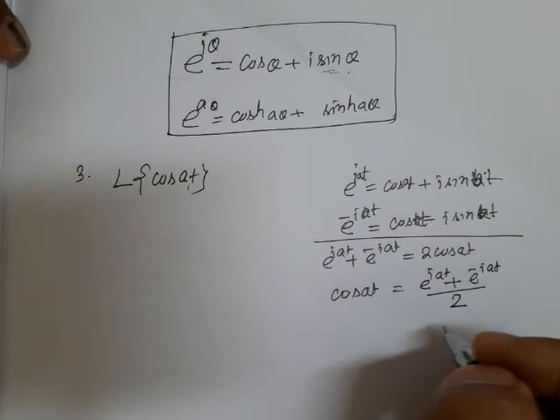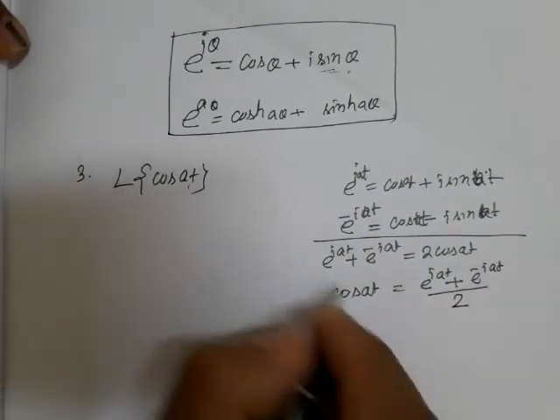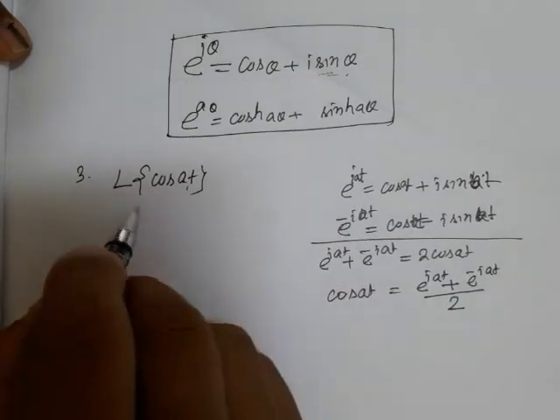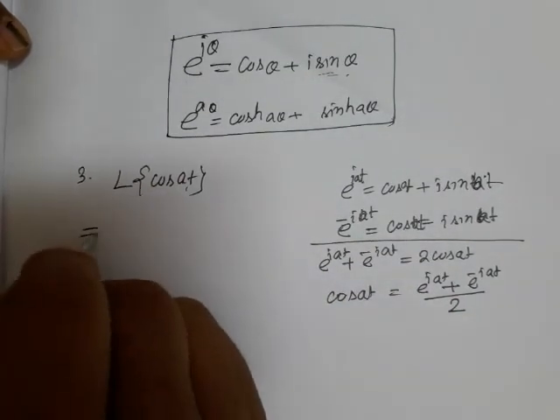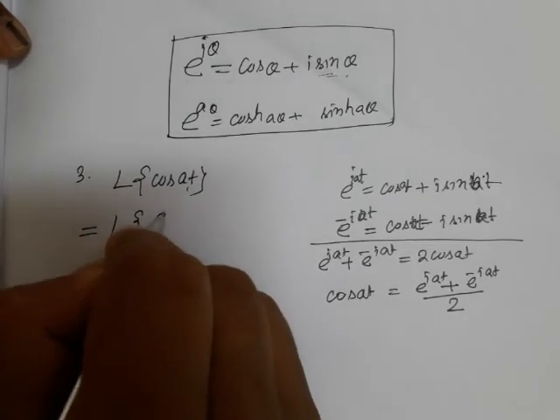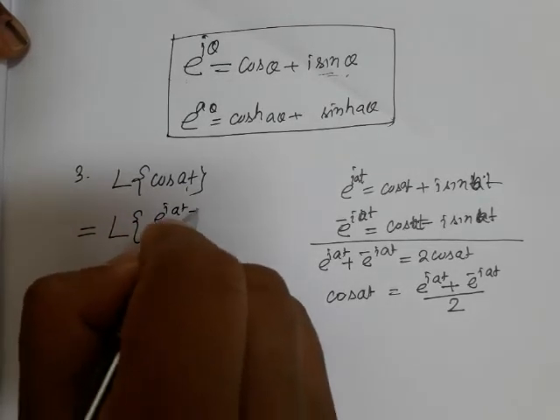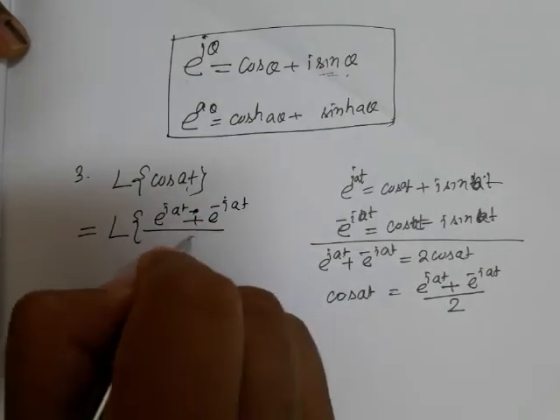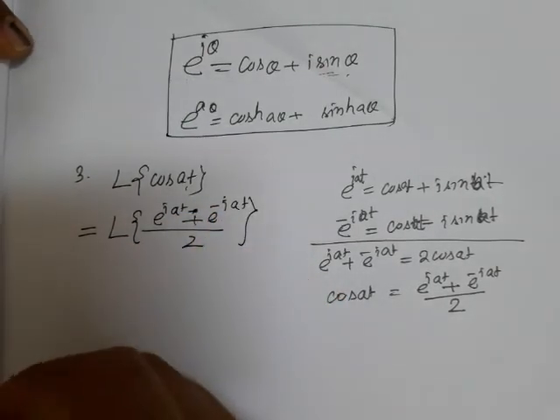Okay, so now we can use this cos of a t. See what this will be: L of (e to the power i a t plus e to the power minus i a t) divided by 2.